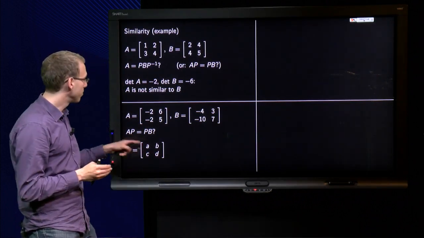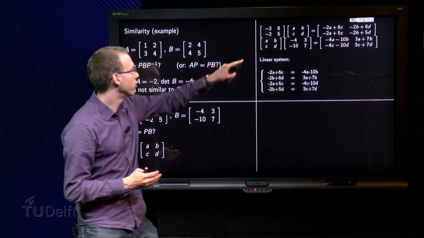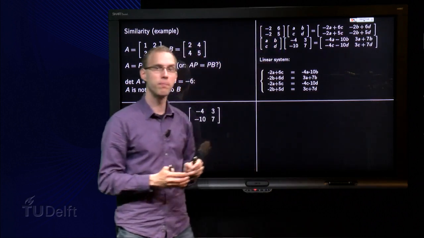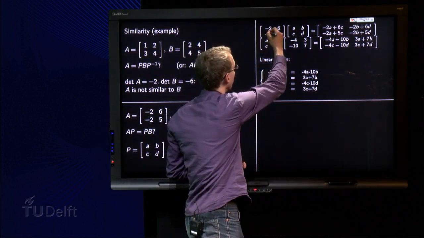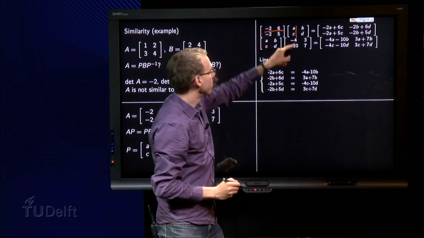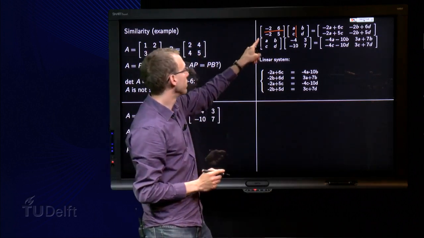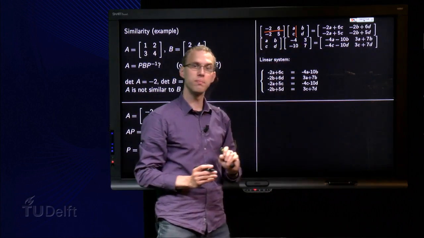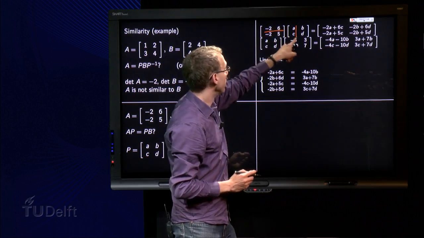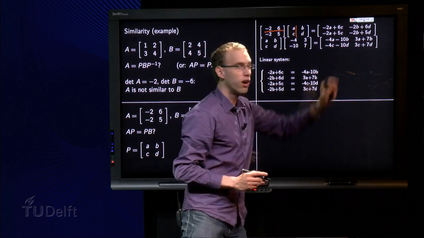Let's just compute for this general P, A times P and P times B. So that's what we're doing over here, A times P. By the row column rule, we get minus 2a plus 6c as a first element, and then we continue with the other ones: minus 2a plus 5c, minus 2b plus 6d over there, and minus 2b plus 5d over there.